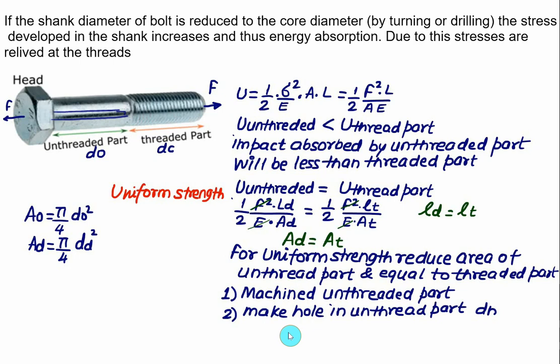So if a hole is made here, the cross section will have DO as the outside diameter and DH as the inside diameter.